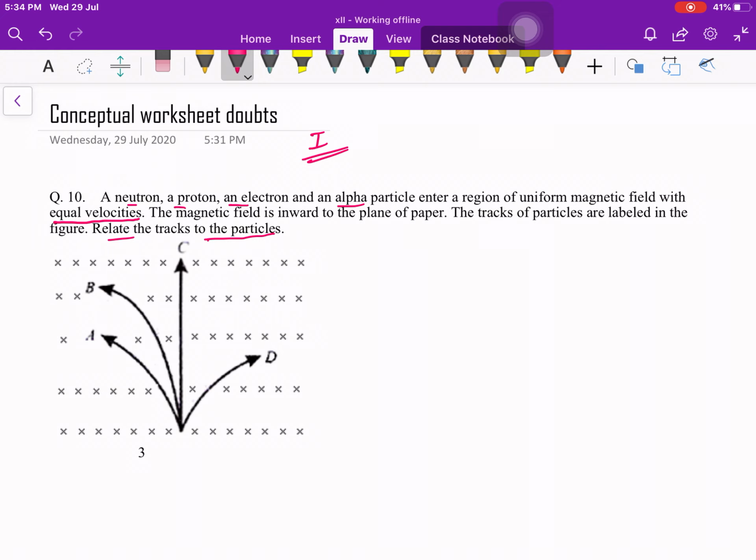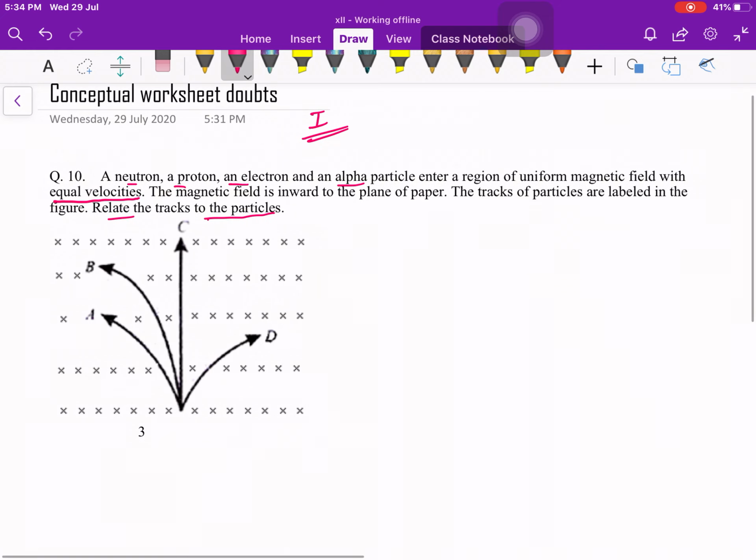The very first concept which we have studied, that concept we should use here. If a charged particle enters a magnetic field perpendicularly, then it will show a circular path, and the centripetal force required will be provided by the magnetic Lorentz force.